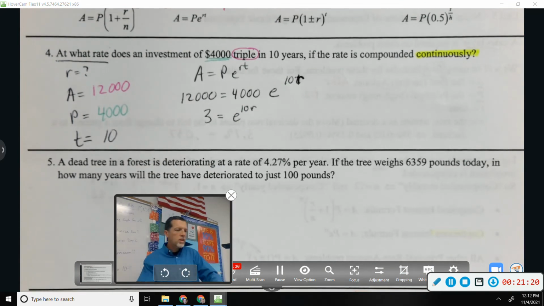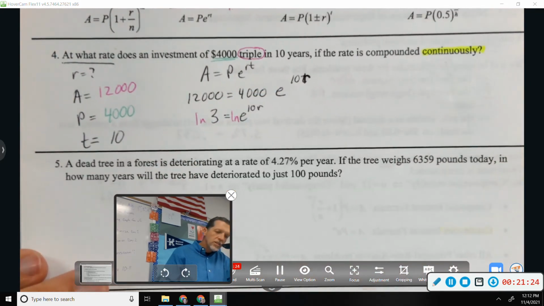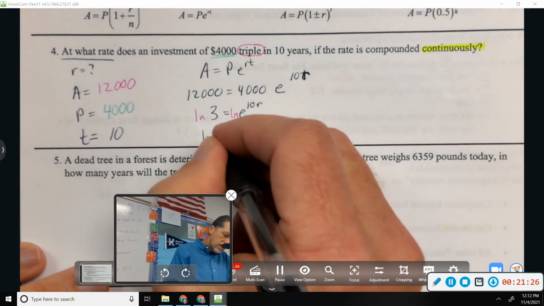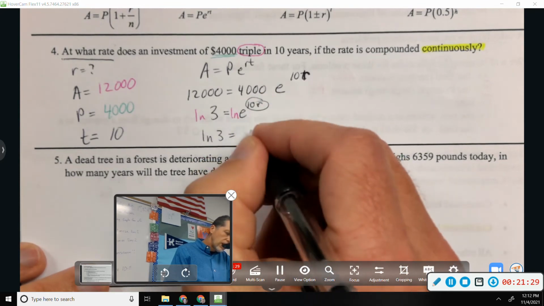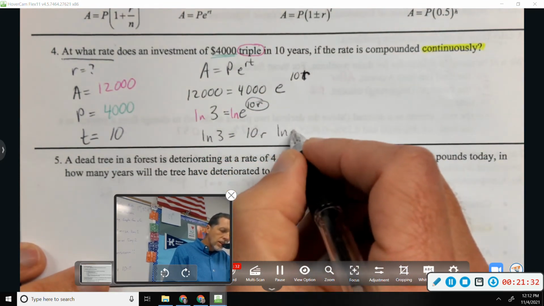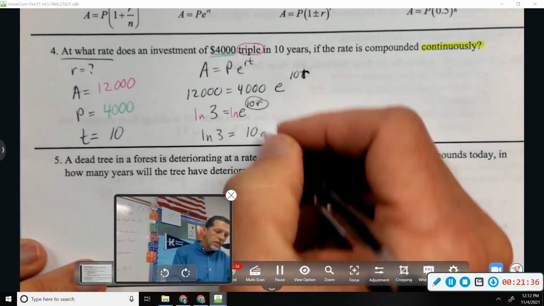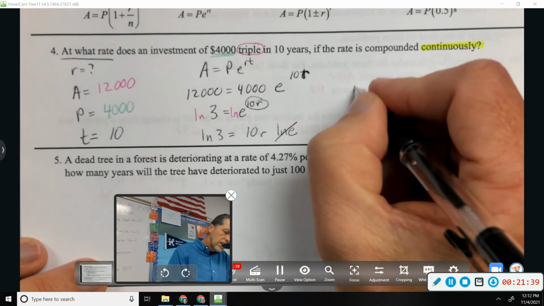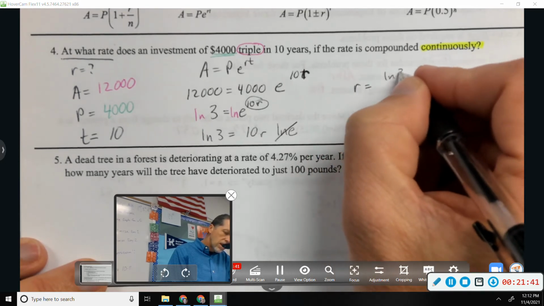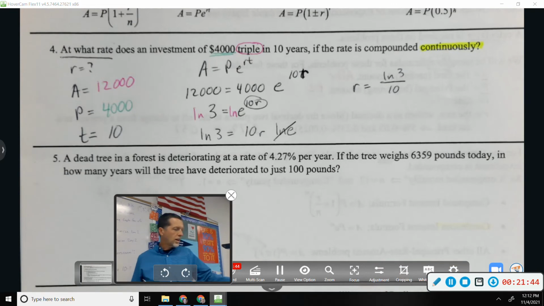Natural log both sides. Again, why are we natural logging both sides? What does that accomplish for us? It gets that exponent down front. And I really like this one because the natural log of e is 1. So r will be natural log of 3 over 10.